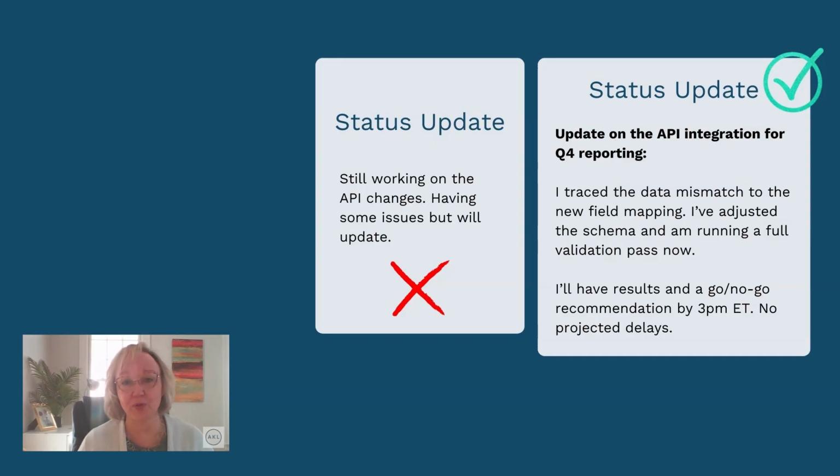A better approach using our three-part framework is first, you set the stage. What is it you're going to be talking about? It's an update on the API integration, for example. Then there's the update, clear, concrete, what has happened, and then what's next. And so it's very clear, beginning, middle, end.